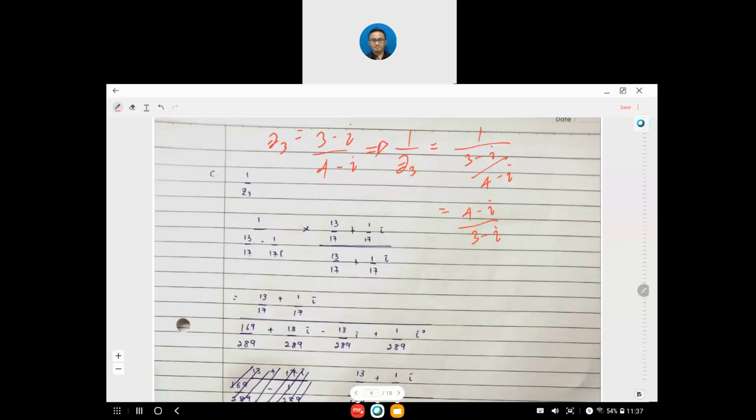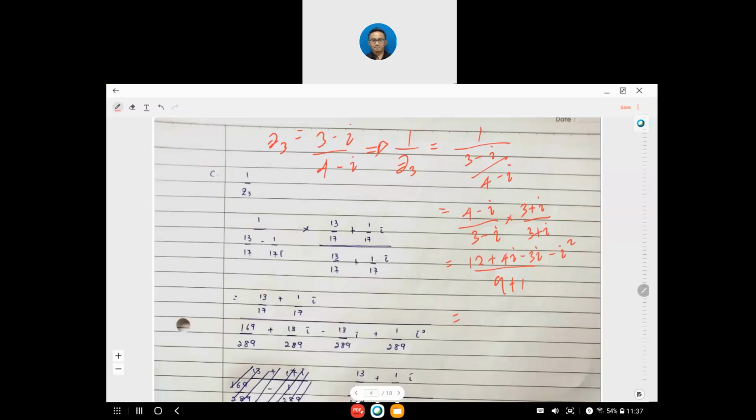Okay. If you solve this one, you will get times by 3 plus i divided by 3 plus i. So the denominator becomes 9 plus 1. And then your numerator becomes 12 plus 4i minus 3i minus i square.